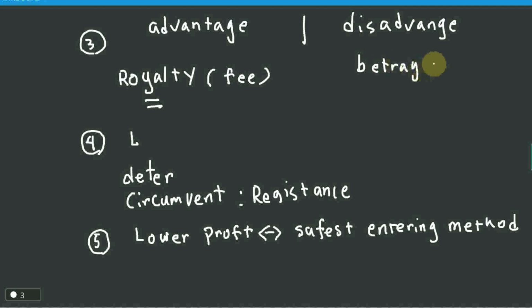They might betray you as they accumulate your skill transfer, because you have to maintain the licensing contract. You constantly have to transfer new enhanced technology.